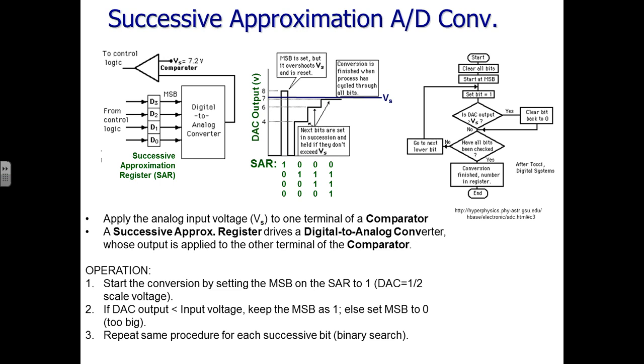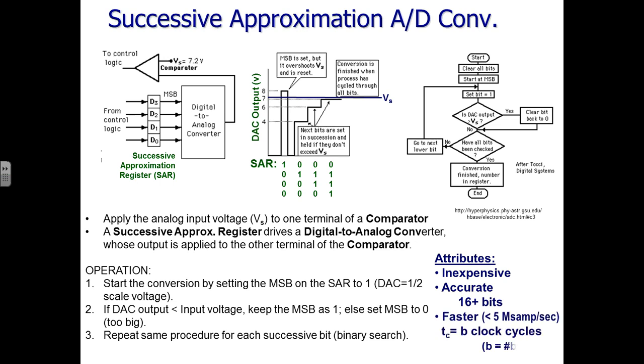So in this case, it's also a fairly inexpensive and very accurate kind of converter. Again, you can get 16-bit A to D converters of this style. The thing about this one is, let's take an example. If I had an 8-bit converter, with the other style, I would have to perhaps step through 256 different levels to test before I knew which one was appropriate to use.